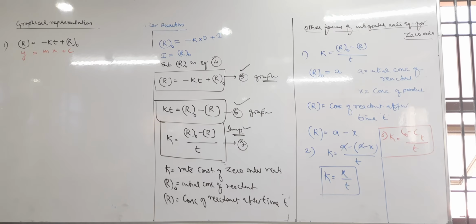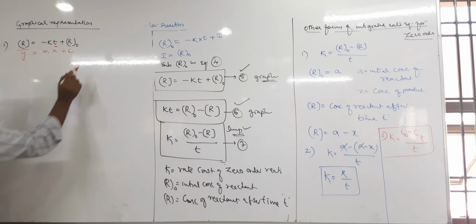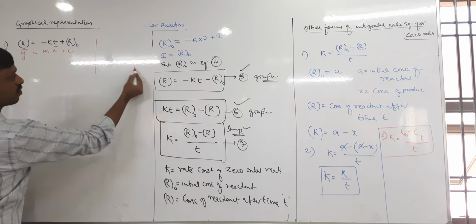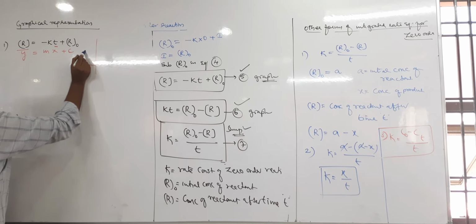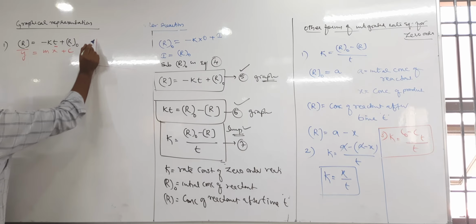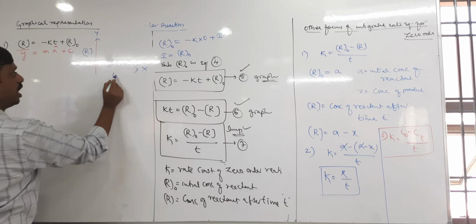Yes or no? That means a graph is plotted between R versus time t. So then tell me, what is the graph? It is concentration on the y axis, on the x axis time t.